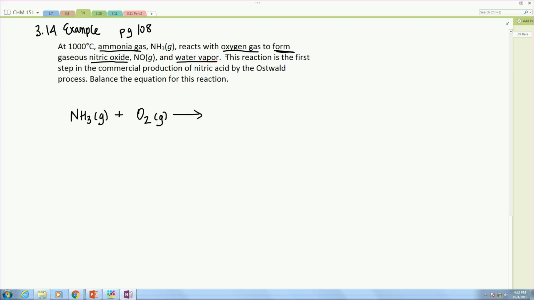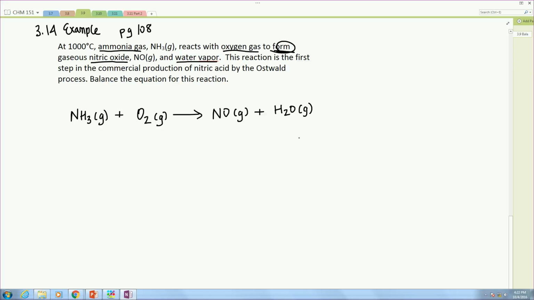And it forms, so that's an important word that tells you that these are the products. Nitric oxide, which is a gas, plus water vapor. So water is H2O, and it's a gas.